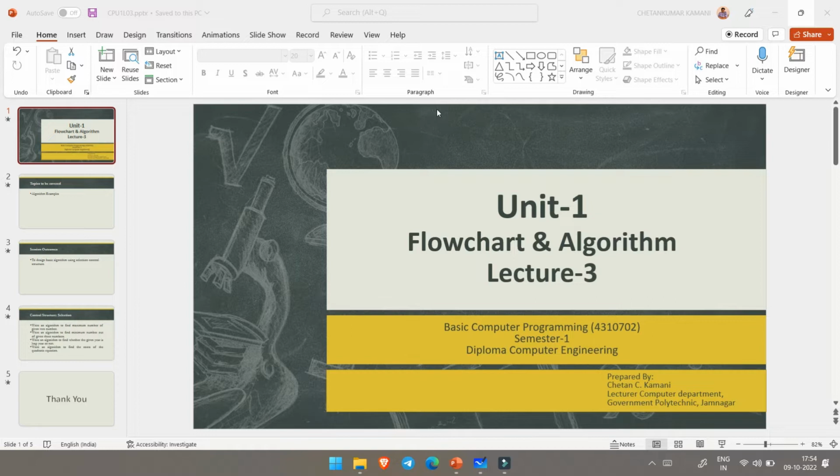In the previous lecture I have discussed various examples. That means I have solved various examples using sequence control structure of an algorithm. And in today's lecture I will discuss a few examples using selection control structure. So let's start.